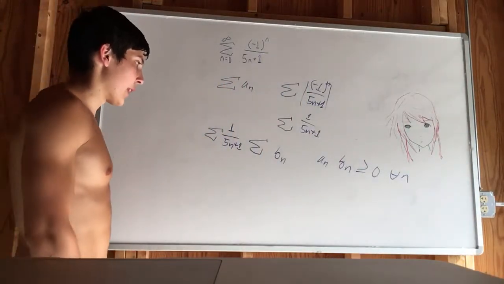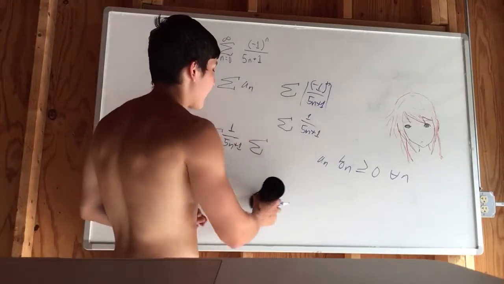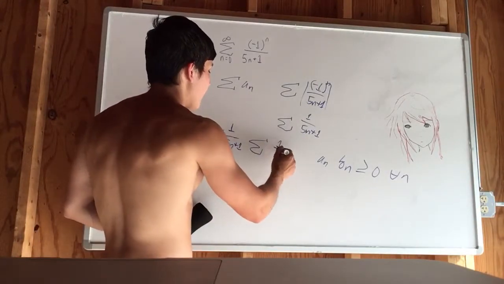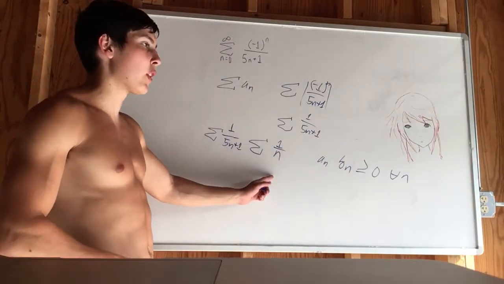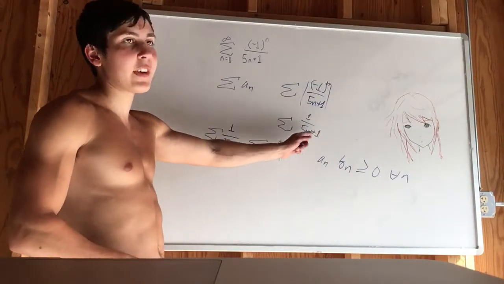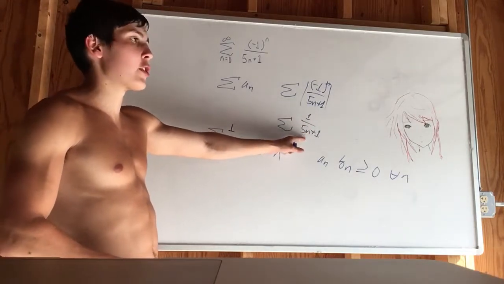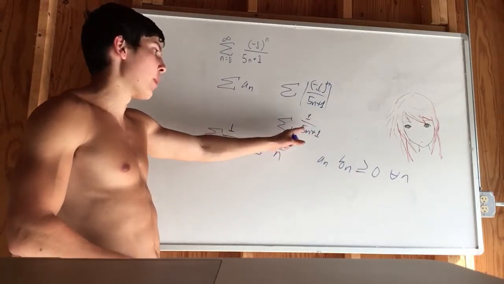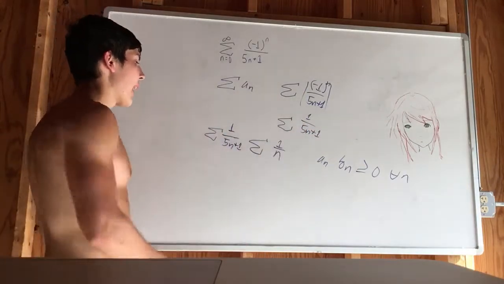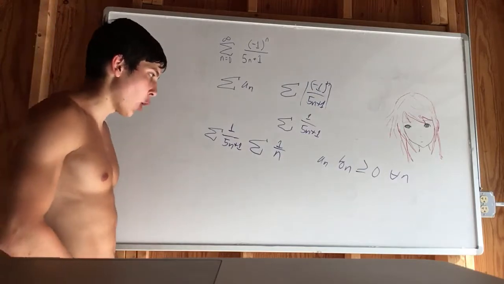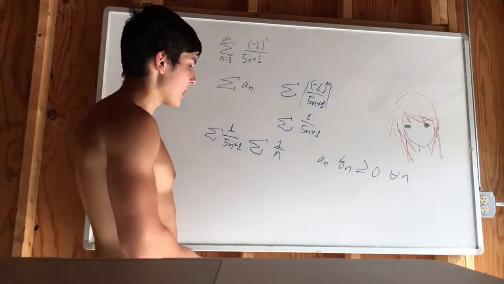We can pick anything that we know what's going to happen to, so I pick 1 over n. That's the cleansed and purified version of 1 over 5n plus 1: you remove the 5 being multiplied and the addition of 1, and you get the harmonic series, and we know what's going to happen to that one. So that's the one we choose for our b sub n.